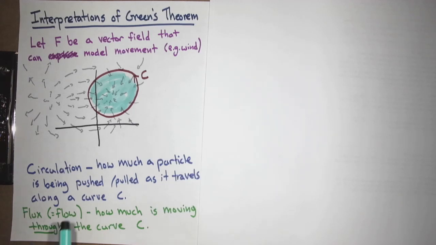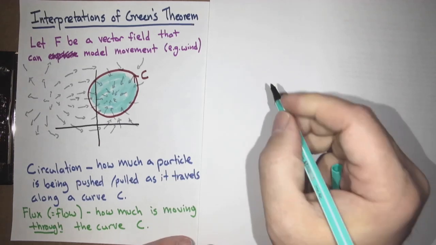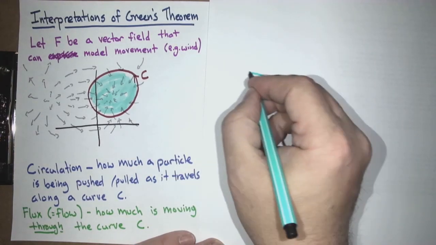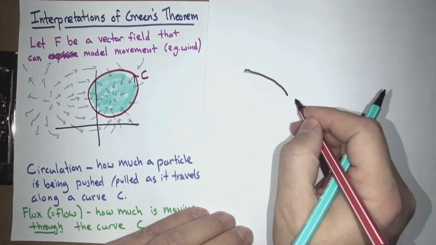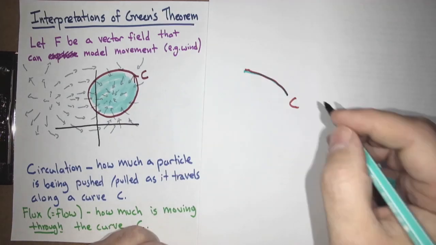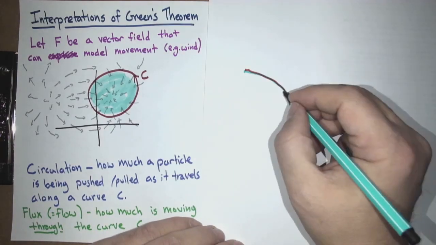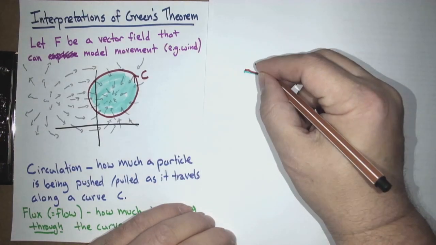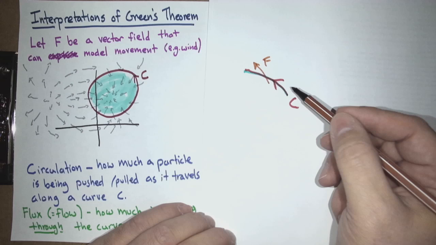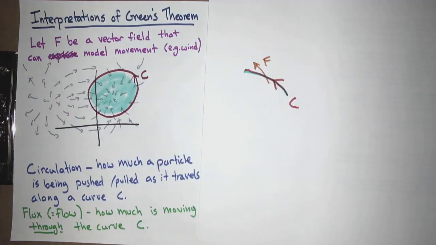Now, if we're thinking about circulation, F is how much we're pushing or pulling. So we have our stretch of our curve C. I should probably draw in a similar color here. So here's our C, and I have an orientation. What do I need to look at? Well, let's say this is F. Looking at this, am I being pushed or pulled or neither?